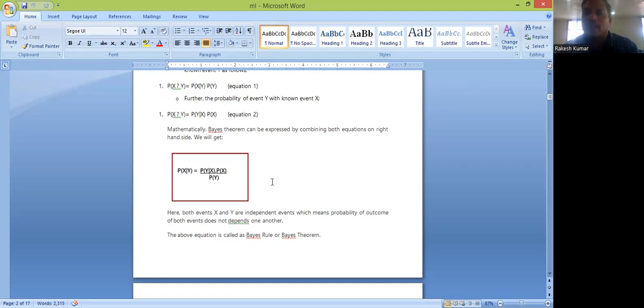Whatever calculations we are doing in this theorem totally depend upon the Bayes rule.